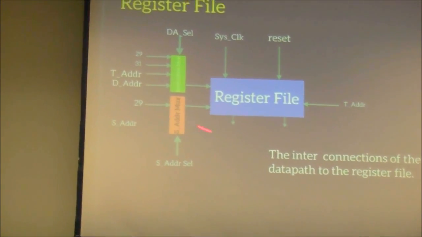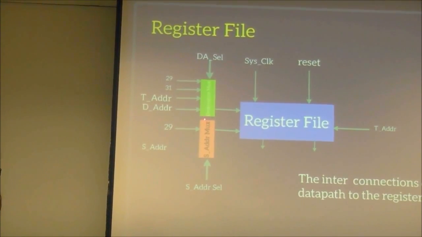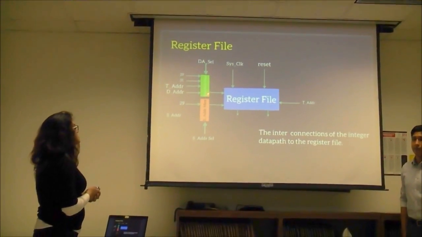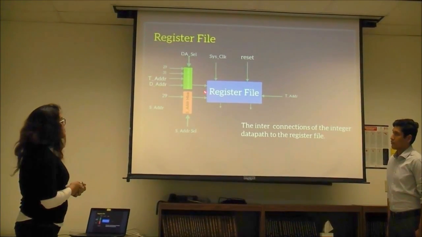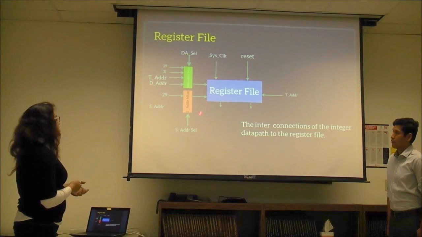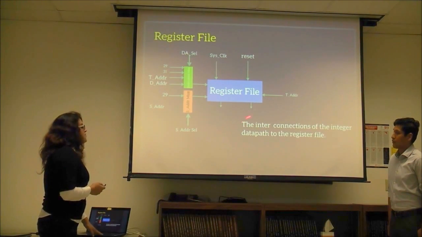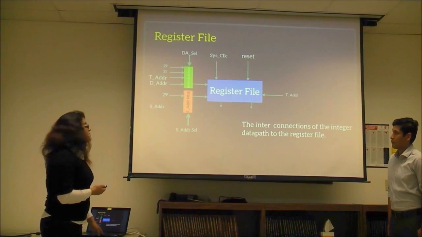A closer look at the interconnections of the register file. The register file is only allowed to have two register sources being read at one time. And our system clock is at the top, mandating how all timing within the module will perform.